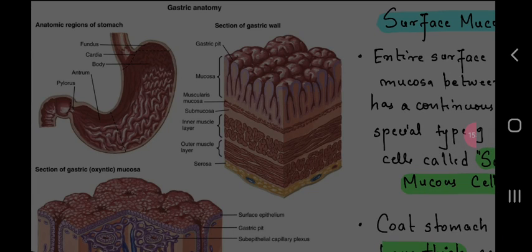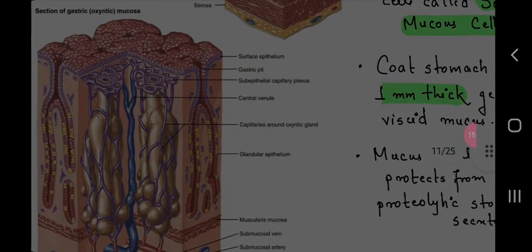Gastric anatomy, anatomical regions of stomach: fundus, cardiac, body, pyloric antrum. Sections of gastric wall: gastric pit, mucosa, outer muscular layer, inner muscular layer, submucosa, muscularis mucosa, secretion of gastric gland.